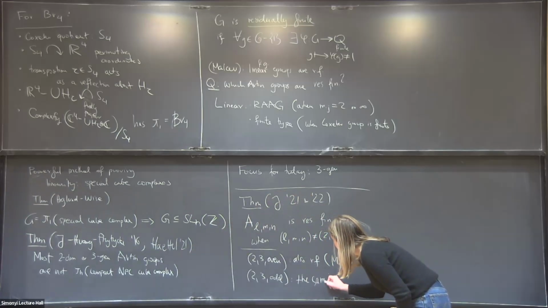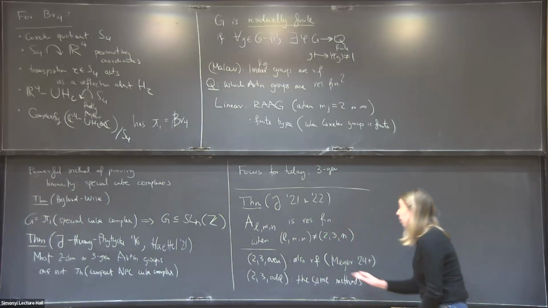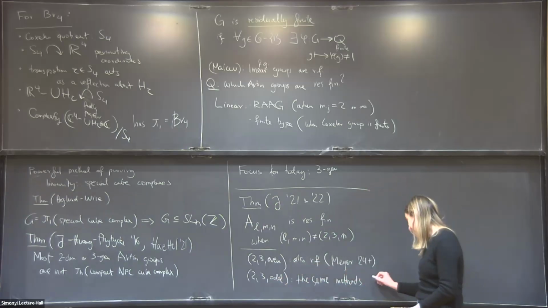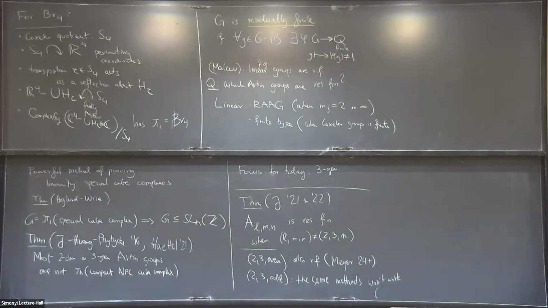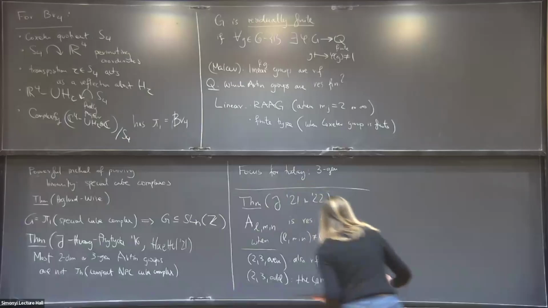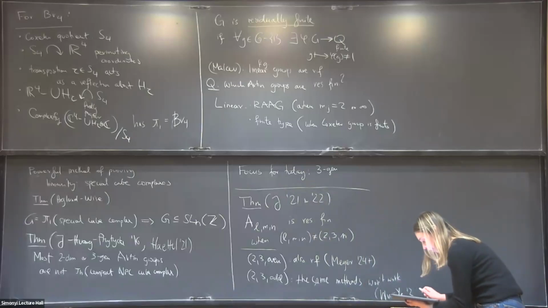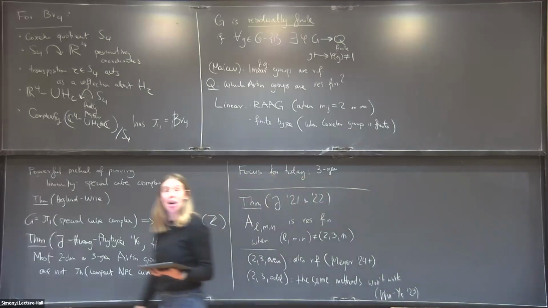I'm not right now telling you much about methods, but I'm just going to tell you that the same methods won't work for 2, 3, and odd. And this is due to a result by Wu and others. So it's kind of interesting to me that there is something harder happening there.